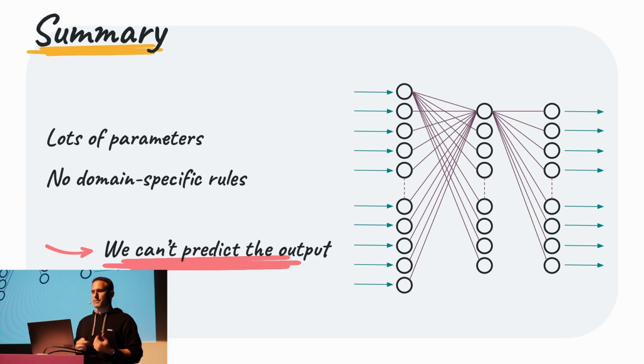So this gives us a good feeling of why such a system could be exhibiting biases and the kind of issues we were looking at for our large language models.